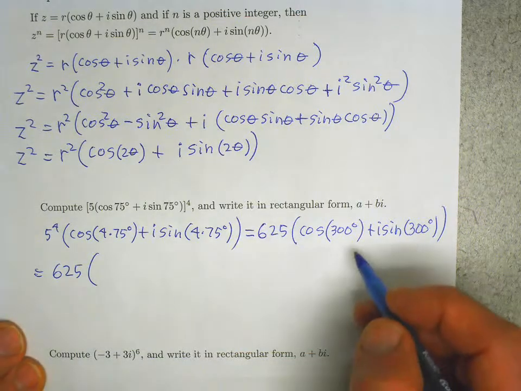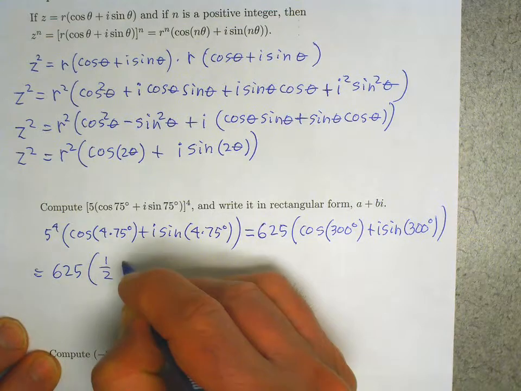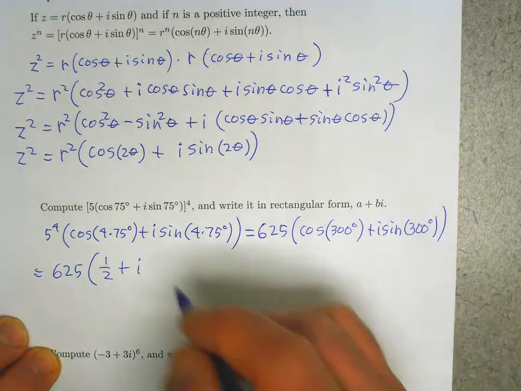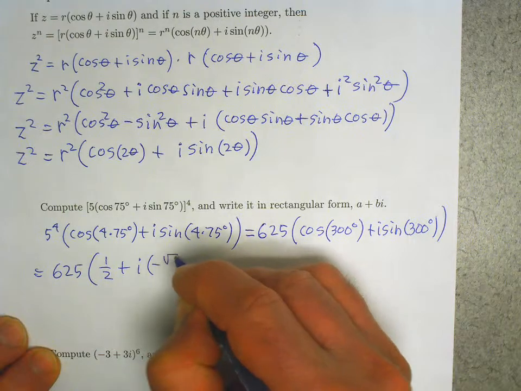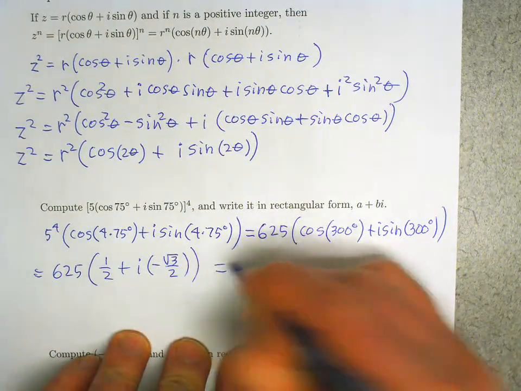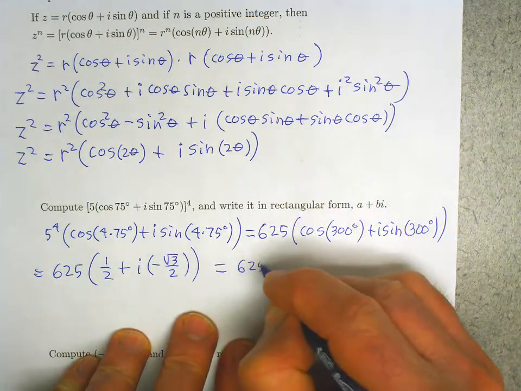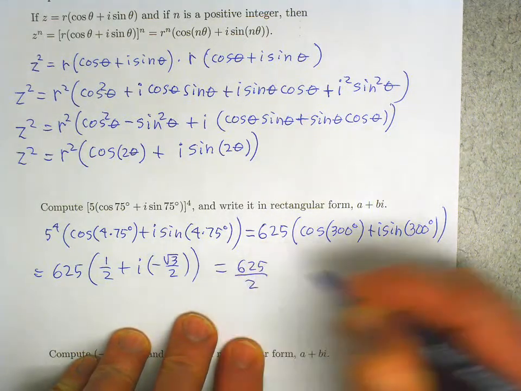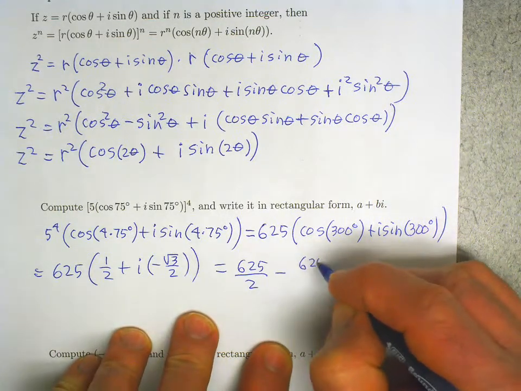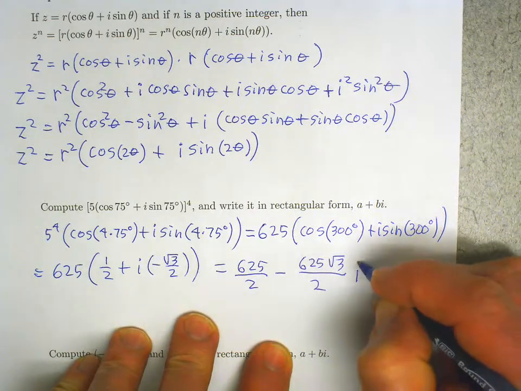Cosine is positive. So cosine of 300 is positive 1/2. And sine of 300 is negative square root of 3 over 2. So our rectangular form is 625 over 2, and then minus 625 times the square root of 3 over 2 times I.